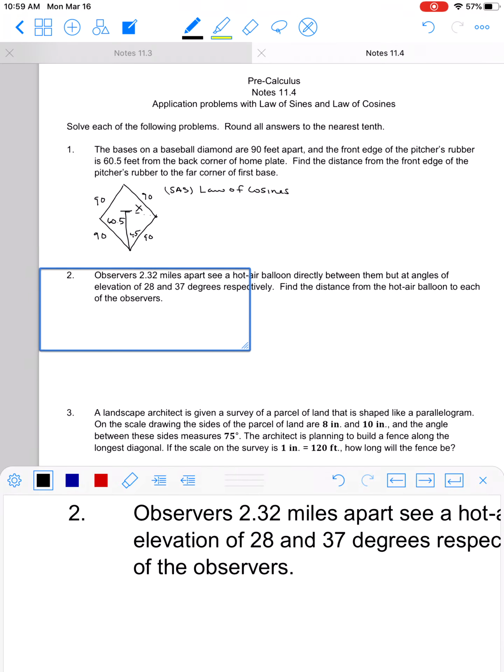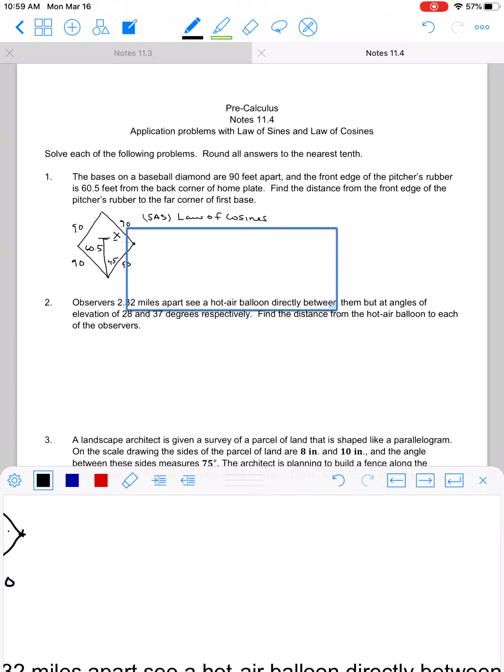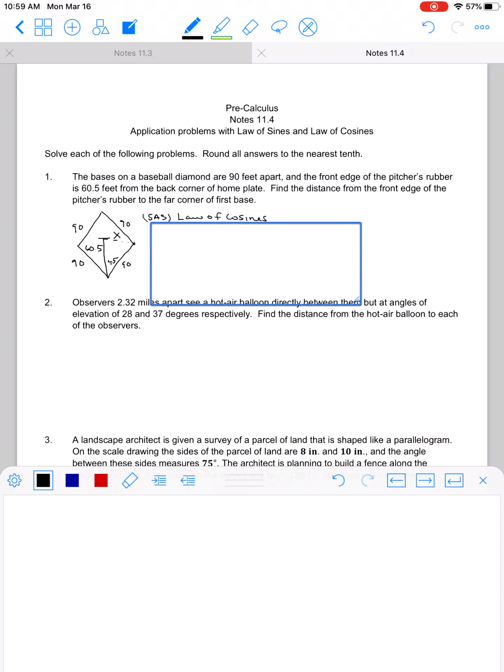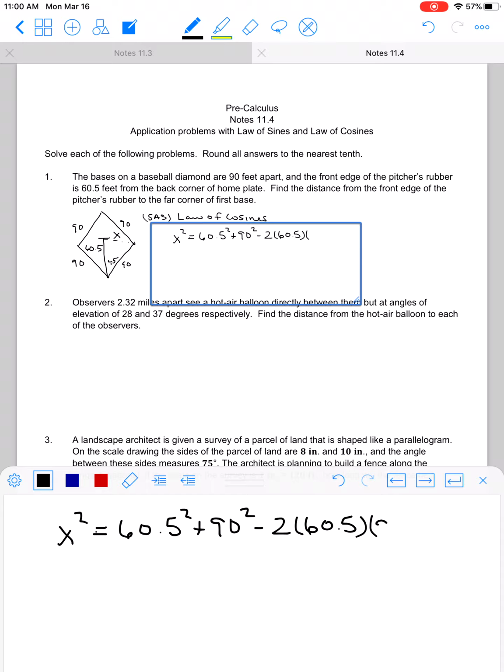So what we're going to do is set this up: x squared equals 60.5 squared plus 90 squared minus 2 times 60.5 times 90 cosine 45.